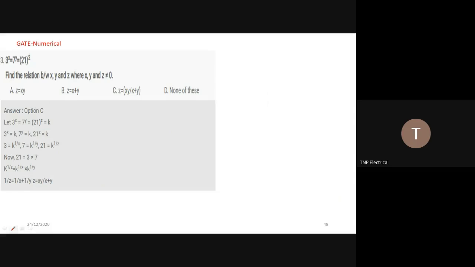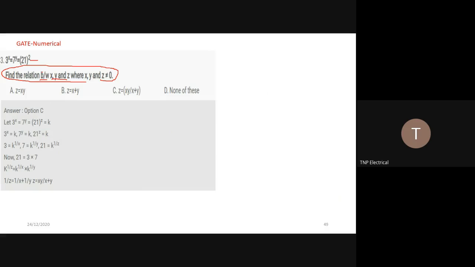So what is given in the question, here it is given 3 to the power x equal to 7 to the power y, and that is equal to 21 to the power 2. This is the question. Now what we need to find is the relation between x, y and z, where x, y and z do not equal 0. Okay, see.